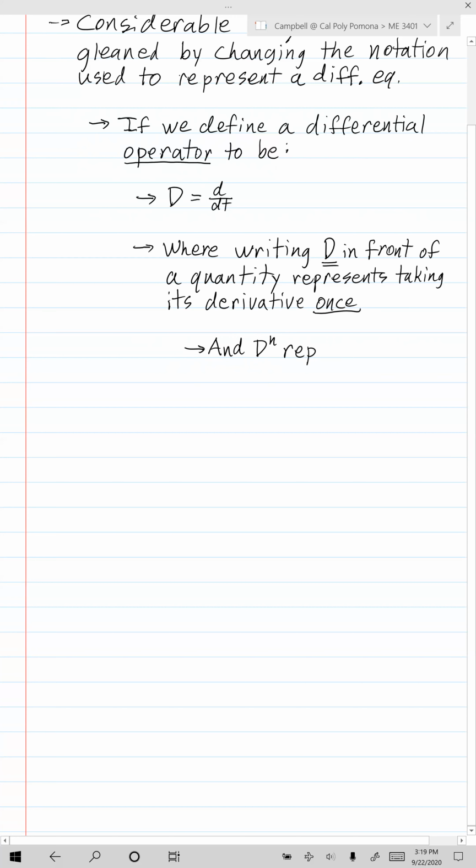So D to the n, in our case, will simply represent, of course, taking the derivative n times.